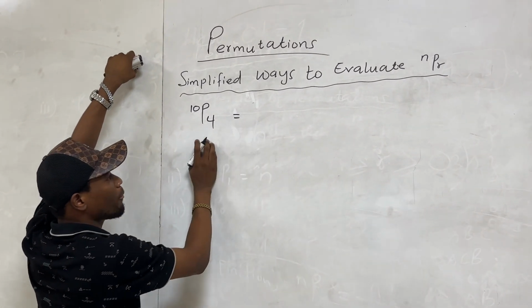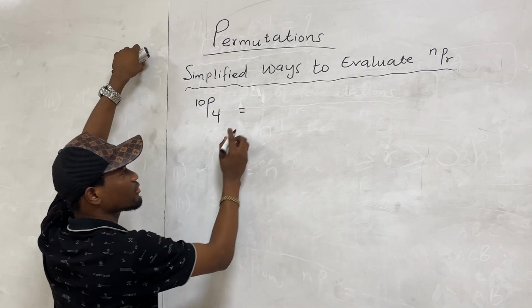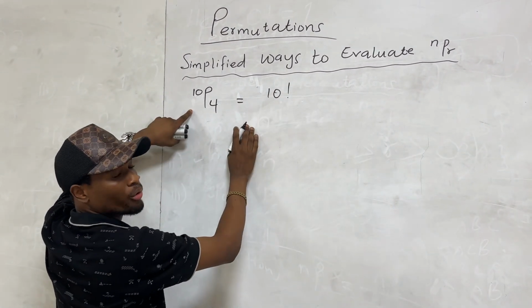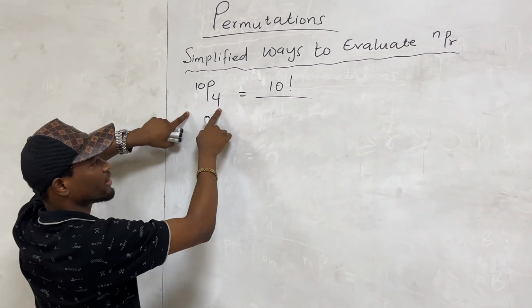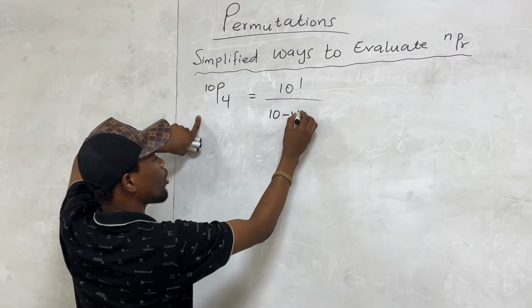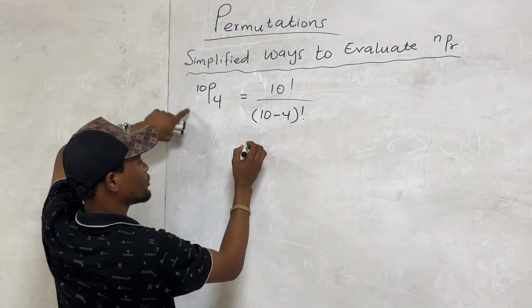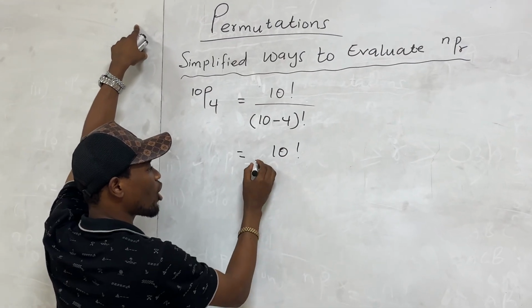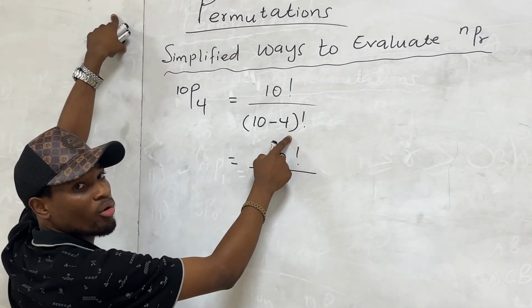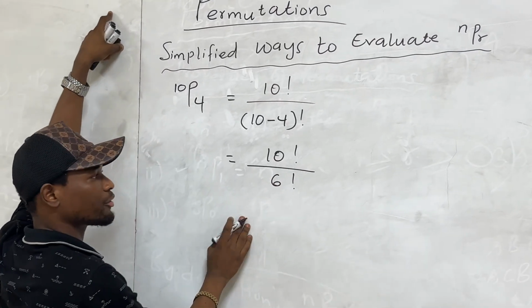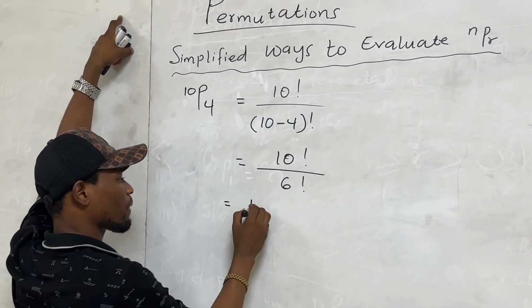We know that 10 permutation 4 is given by 10 factorial over (10 minus 4) factorial, which is equal to 10 factorial over, what do we have here? 10 minus 4 gives 6 factorial.